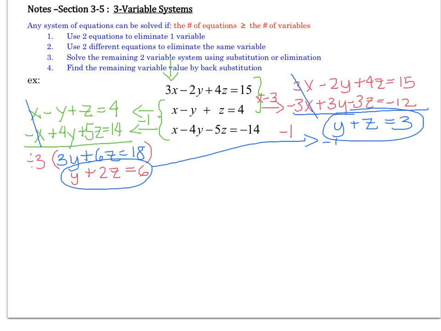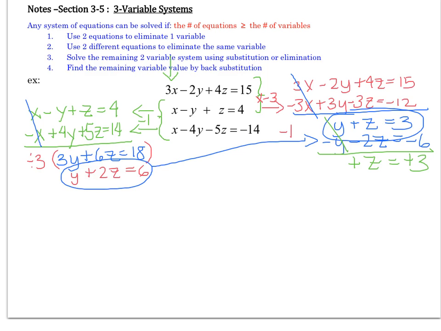So I have negative y minus 2z equals -6. And when I add those together, notice the y's go away. So now I have z minus 2z, so I have minus z equals -3. And now I'm ready to actually solve this puppy.